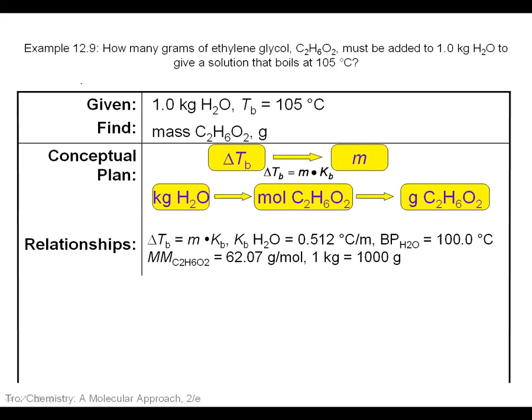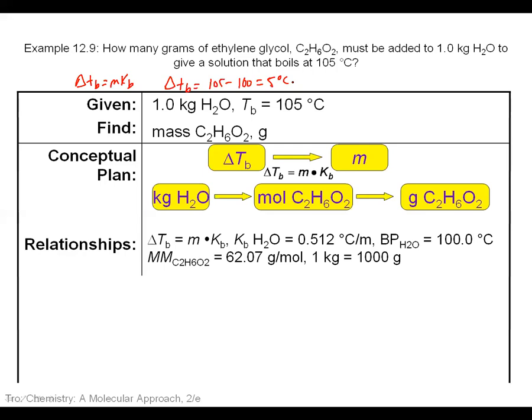So, previously, we used our boiling point equation to figure out the actual change in boiling point temperature, which was our 105 minus our 100, which got us to 5 degrees Celsius.